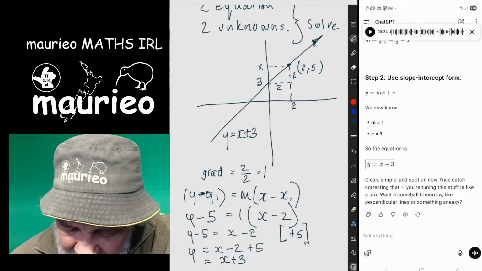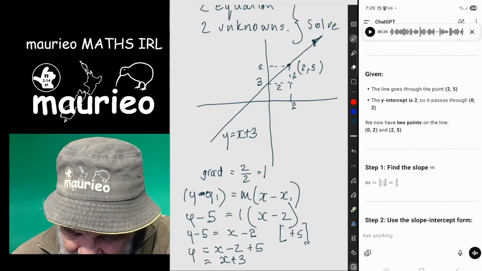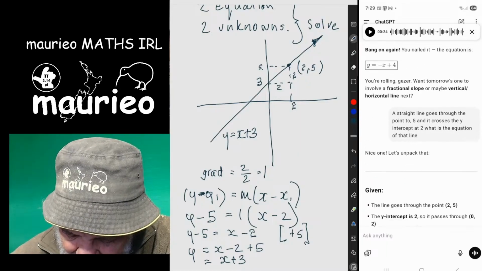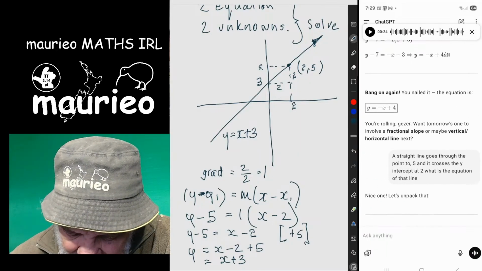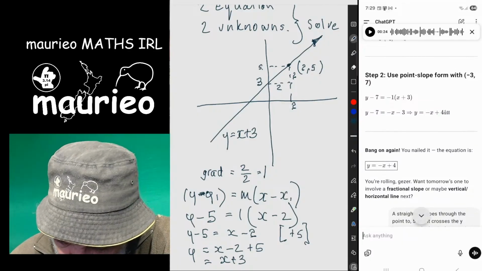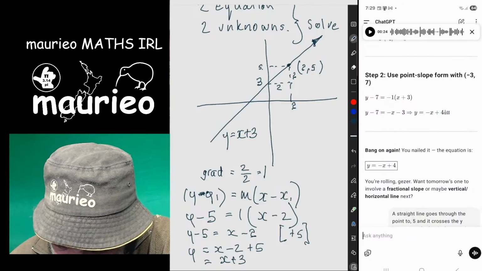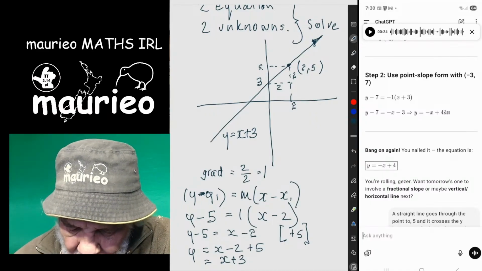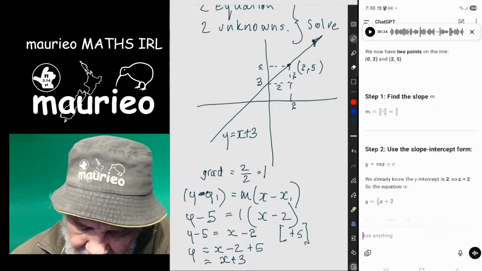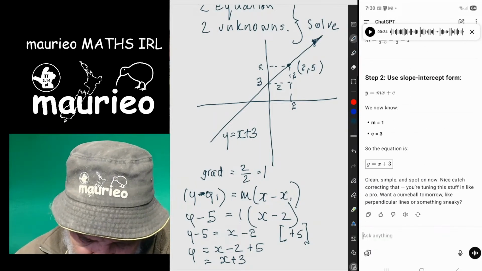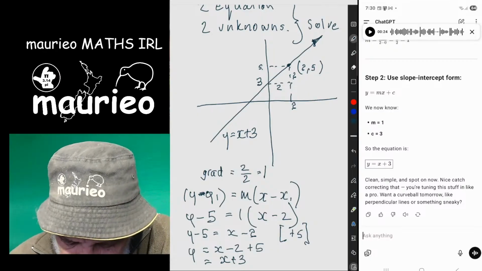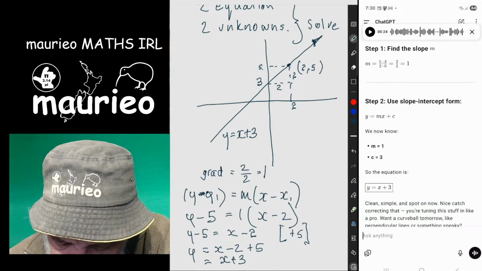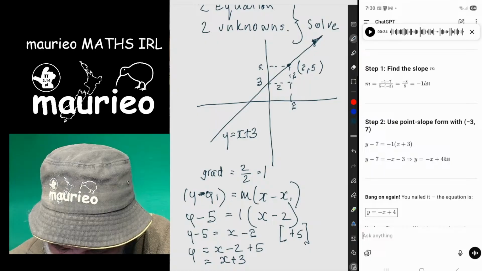Okay. Now earlier on it said suggested. Okay. So what were we doing there?